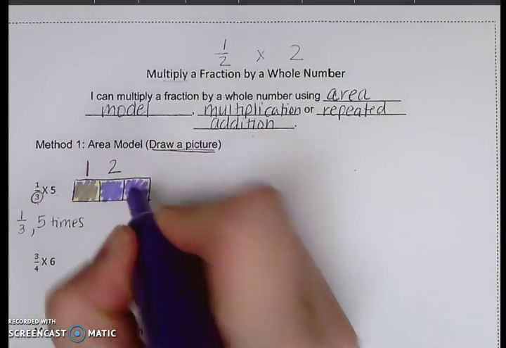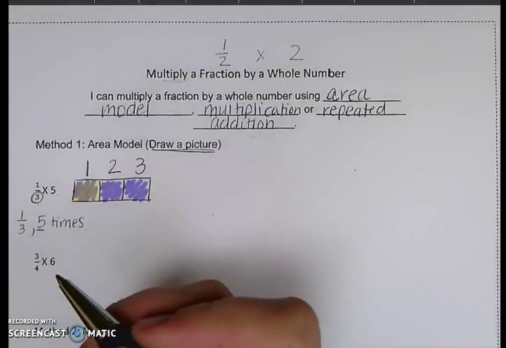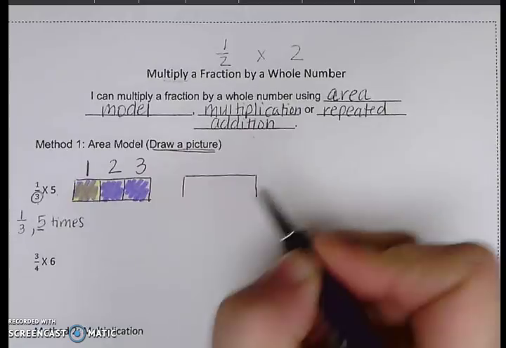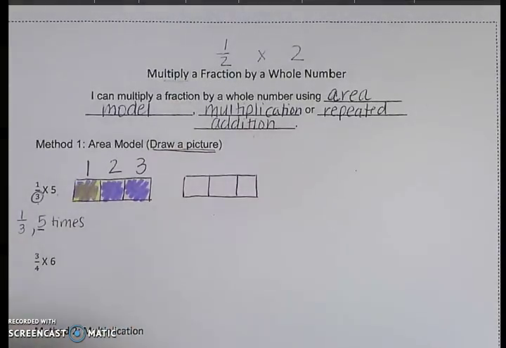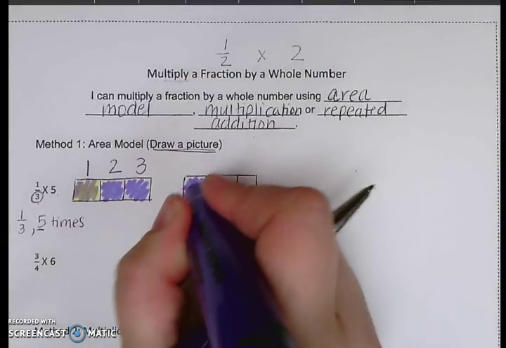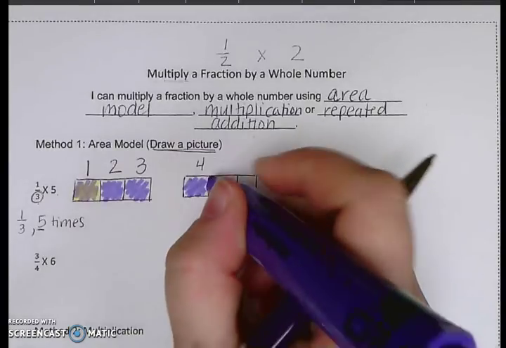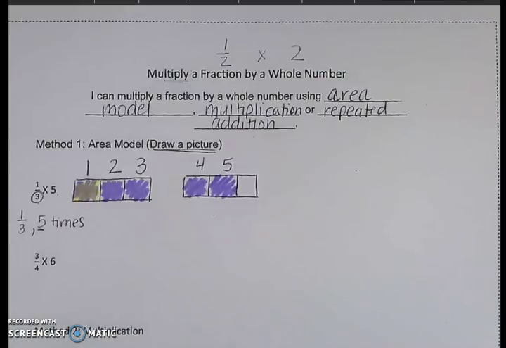That's 1/3 colored in 3 times. And remember, I have to go 5 times. So I've got to draw another block of thirds here. Alright, so then 1/3 colored in 4 times, 1/3 colored in 5 times. So here would be my picture representing it.